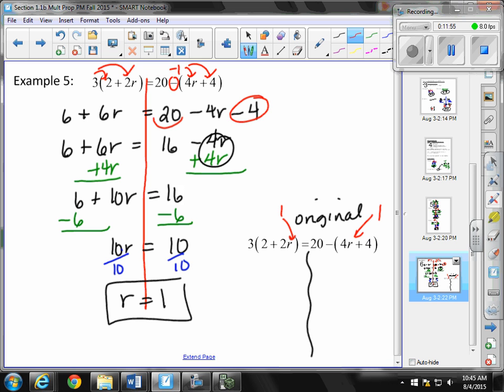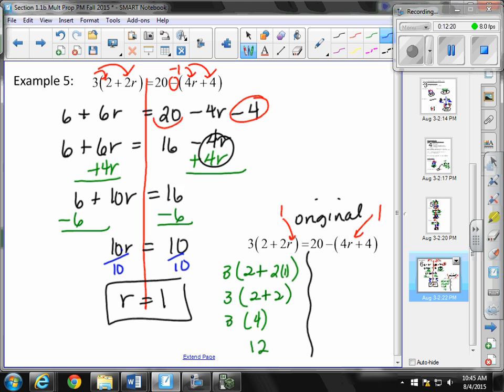So my left-hand side will be 3 times 2 plus 2 times 1. So, order of operations, we're going to do what's inside the parentheses first. Multiply. 2 times 1 is 2. 2 plus 2 is 4. And 3 times 4 is 12.